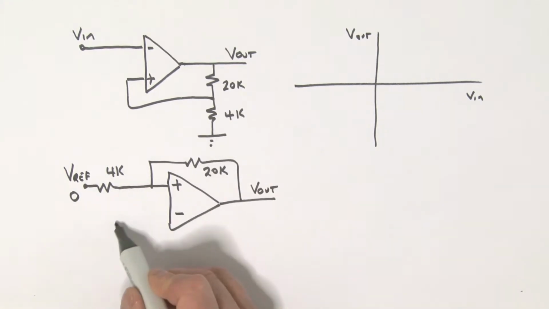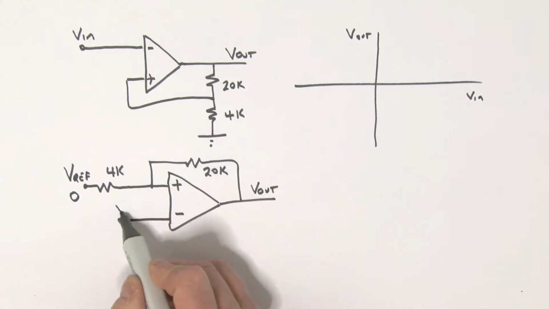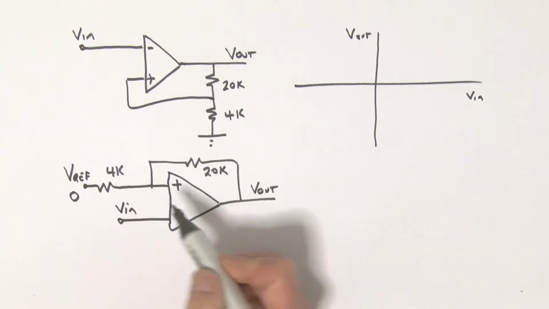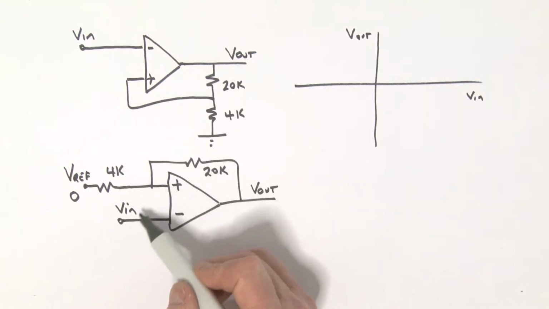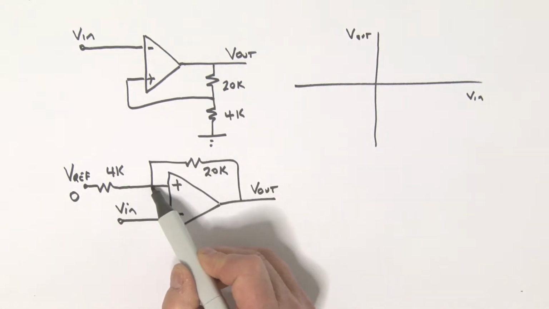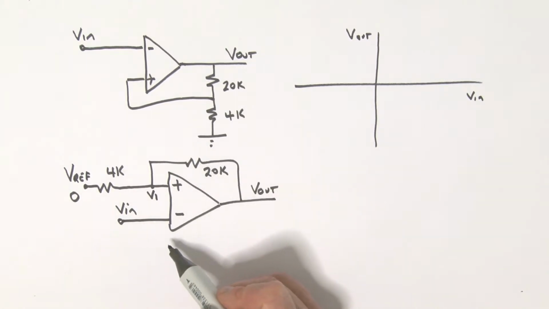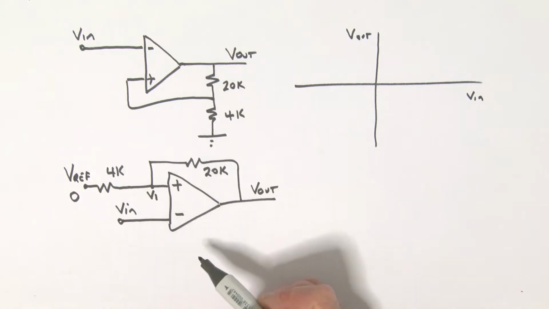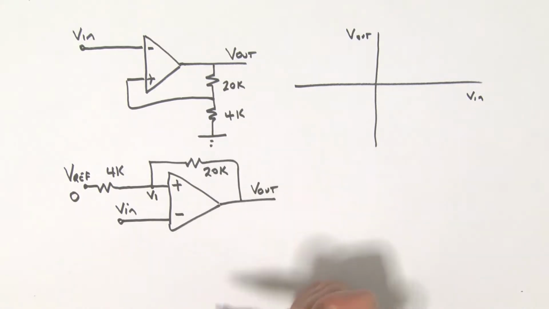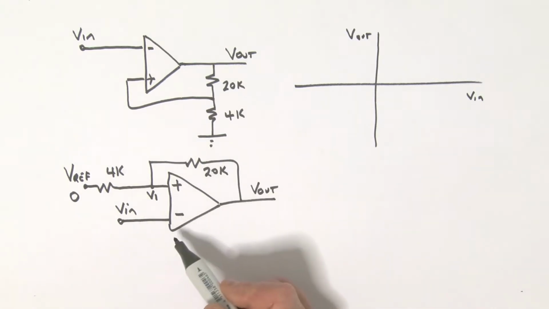Then at the inverting input, like the previous discussion, we have our input voltage Vin. Once again, it's still a consideration of Vin being equal to this voltage here, which we're calling V1, to understand the switching consideration.